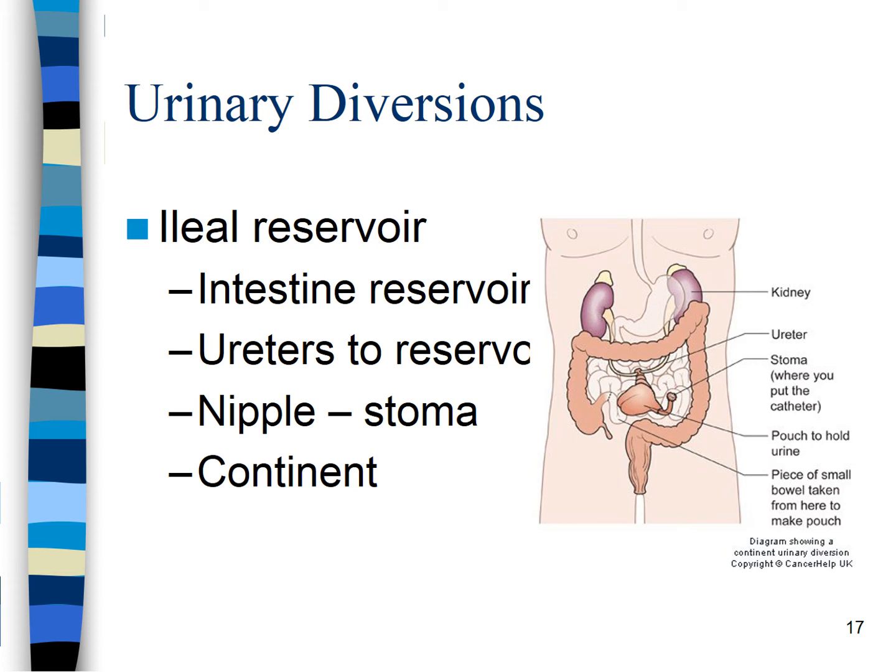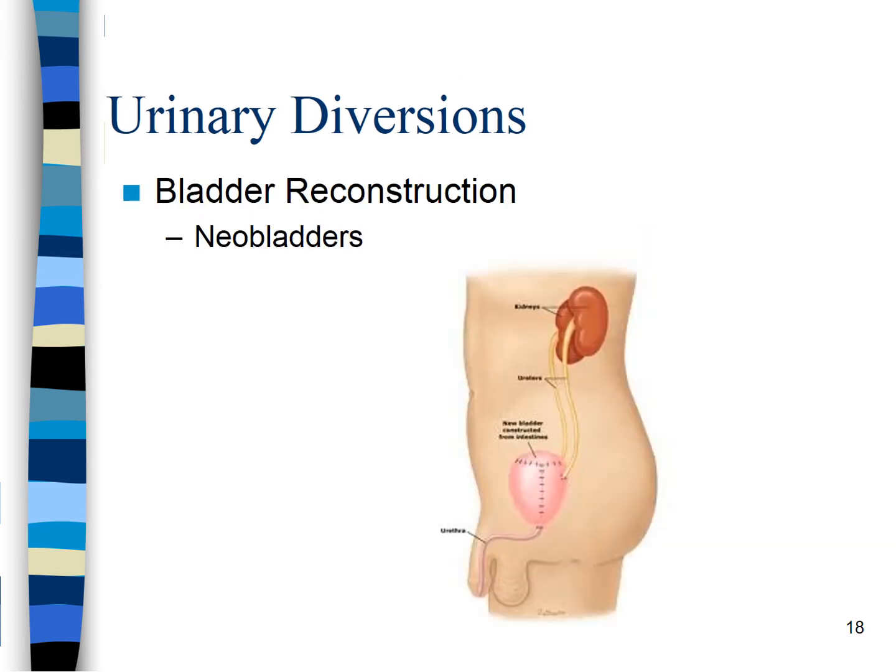Okay, but again, it's not just going to come falling out of them. Bladder reconstruction, there may be a neobladder, which is a false type of bladder that is created, but there's no sensation of fullness. So that is something they do have to be taught again as far as to make sure that that bladder does not get distended.